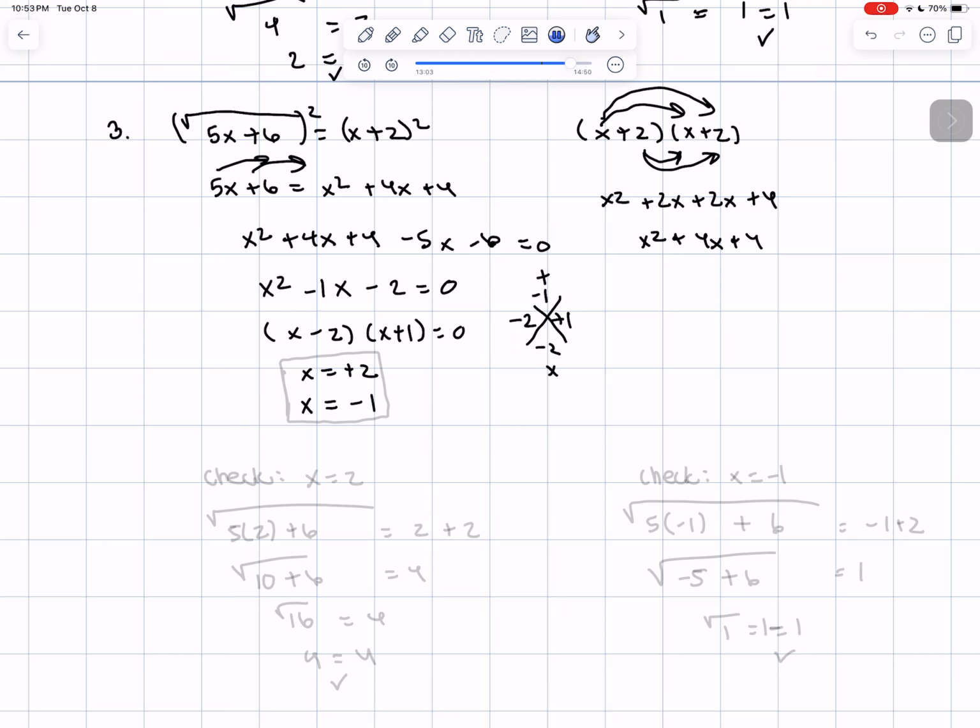So now let's check our solutions. Let's check the first one. Well, x equals 2 here, and then we'll check the other one here.